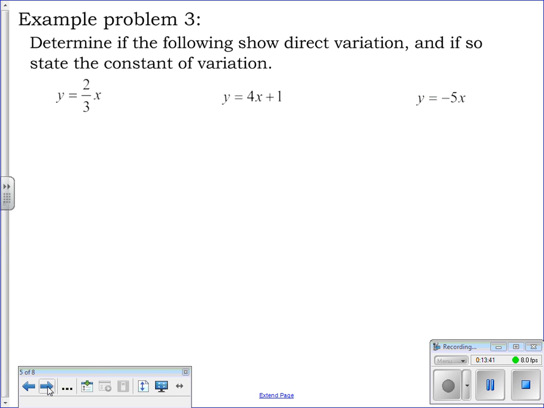Yeah, it looks like the first one. So the first one is a big yes. The second one, does it look like one of those two? No. There's no addition or subtraction in direct variation.